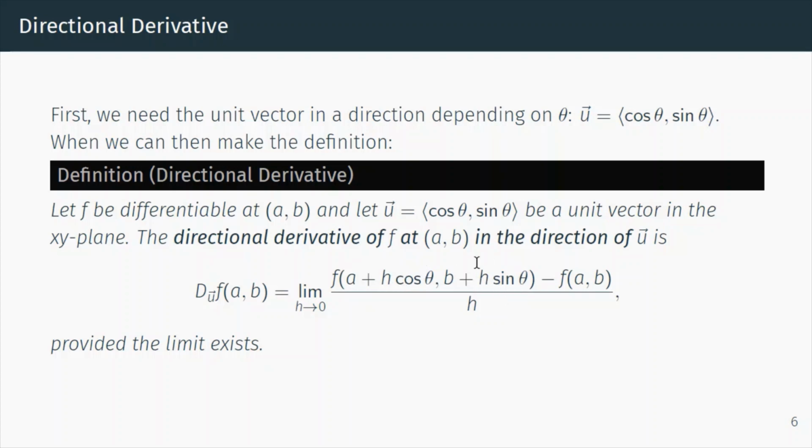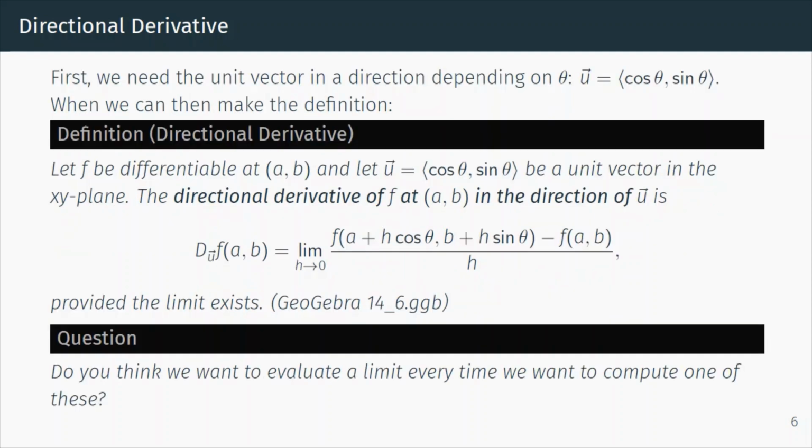And because cosine squared plus sine squared equals 1, the total length of movement will be 1 unit, or exactly h units actually, because it'll be h times cosine and h times sine. So that's what the directional derivative is. It's a limit as you move a little bit over in a certain direction from where you were, and you figure out that slope.